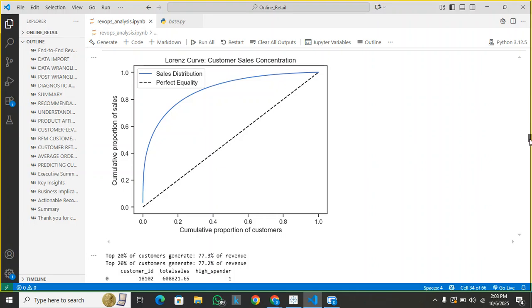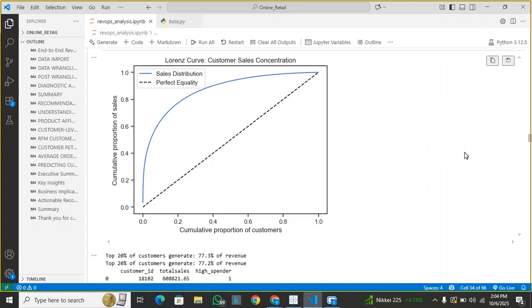And at the same time, it is scary because a minority of the customers generate most of the revenue. It is amazing because we can focus on these customers, groom them, and do our best to retain them.